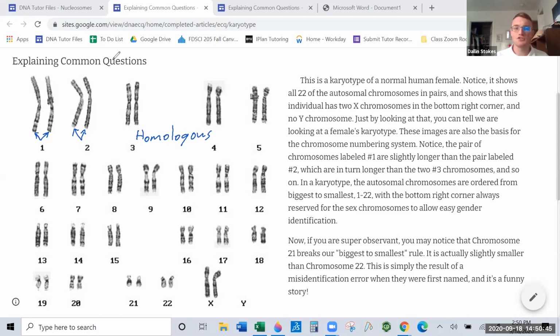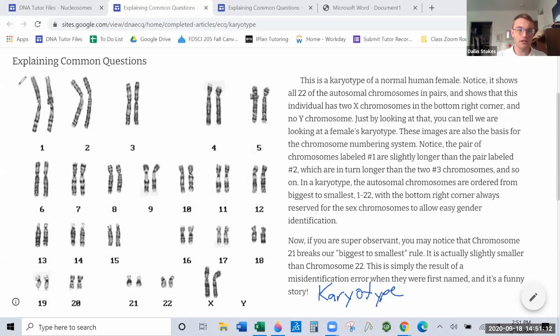Okay, so the way that we sort these chromosomes out, we create it as a picture, as you can see here. And this entire picture is what is called a karyotype. Write that down here. Karyotype.